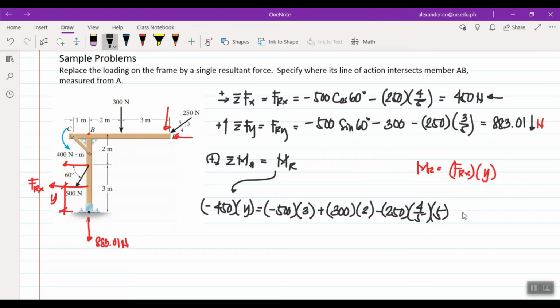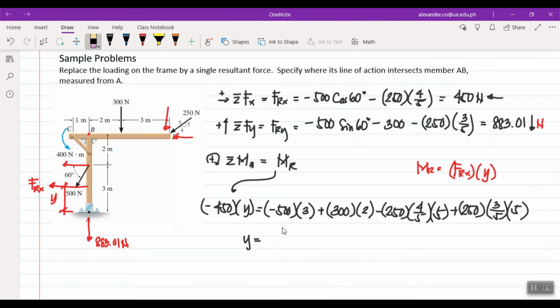Ito, positive, plus yung y component. 250, y component, 3 over 5. Anong lever arm? It's 5 din. Okay, so ang hinahanap is just y. Kapitin lang natin saglit. Okay, may mali akong napansin, no? So, kulang ito. Burahin ko lang to, ha?